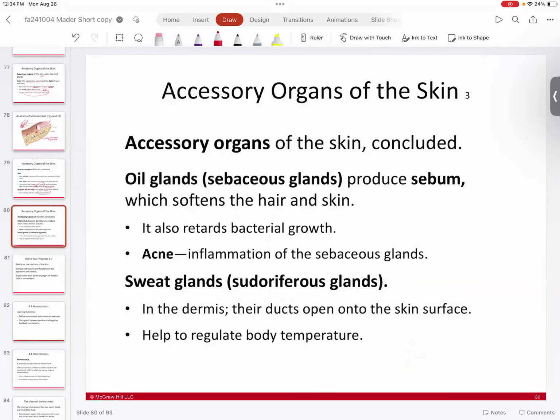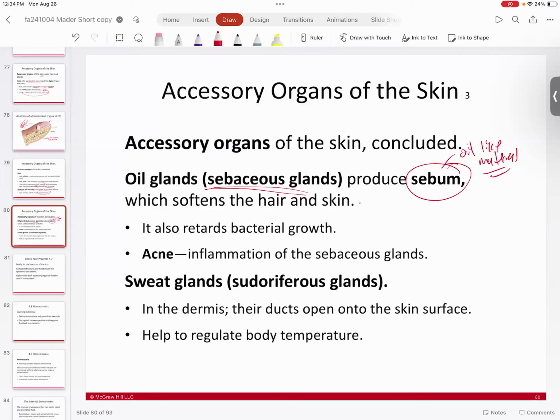A couple of other accessory organs of the skin. You have oil glands called sebaceous glands. So this basically secretes a substance called sebum, which is kind of an oil-like material. And then that'll basically coat your skin or your hair.